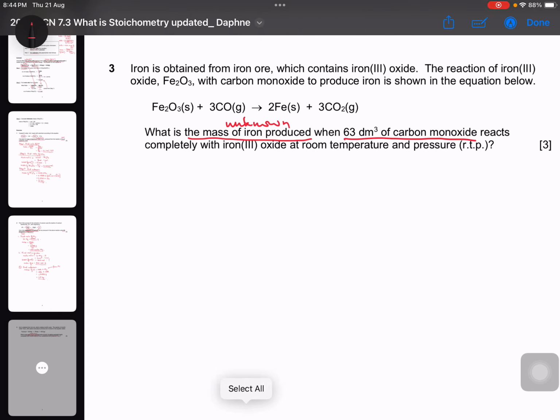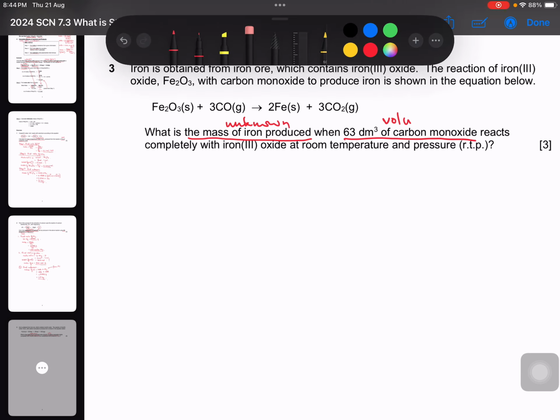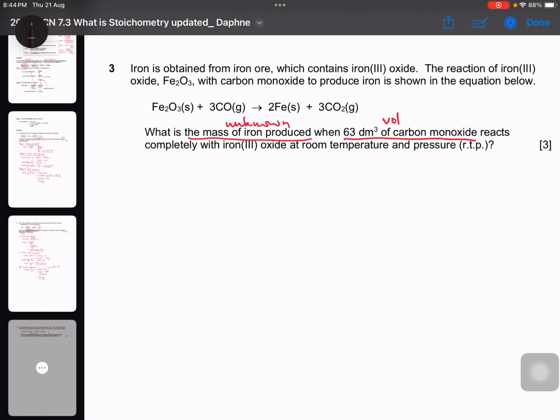So this is not mass anymore, huh? dm cube is what quantity? Is it mass? It's not mass. dm cube is now volume, volume of gas.